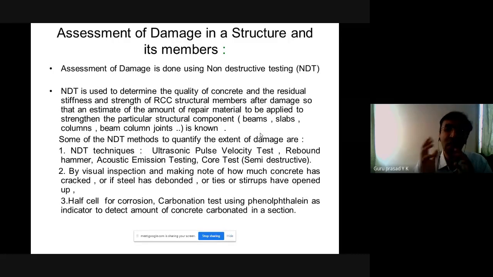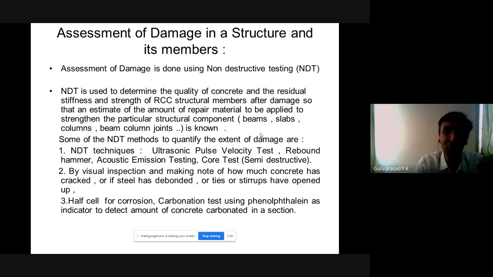Now, the other non-destructive testing evaluations which you have are half cell corrosion, and I'm going to talk about the carbonation test using phenolphthalein indicator. Also I'm going to talk about the concrete permeability test too.